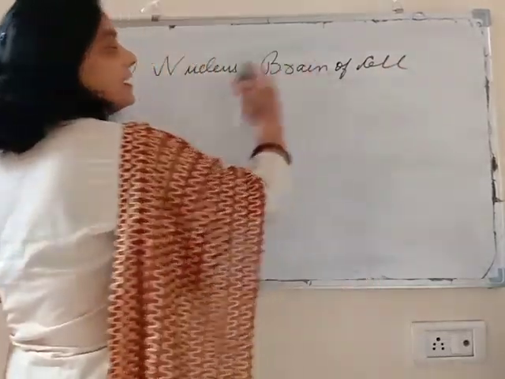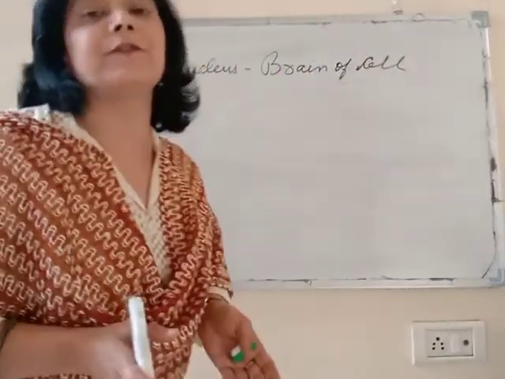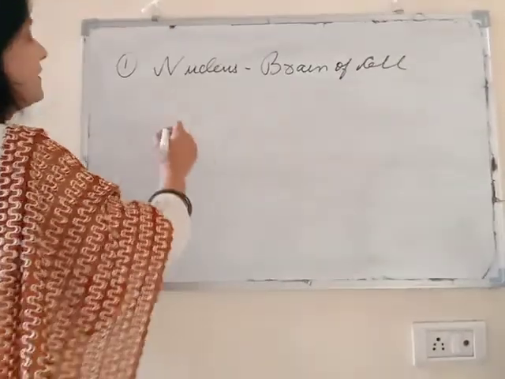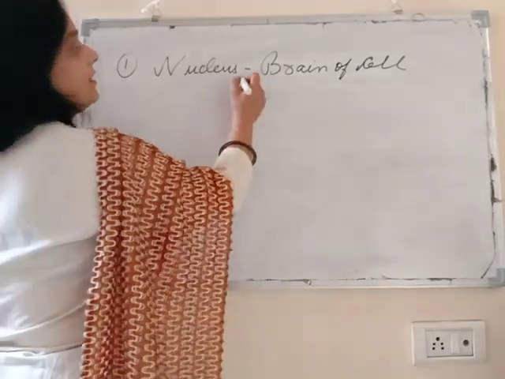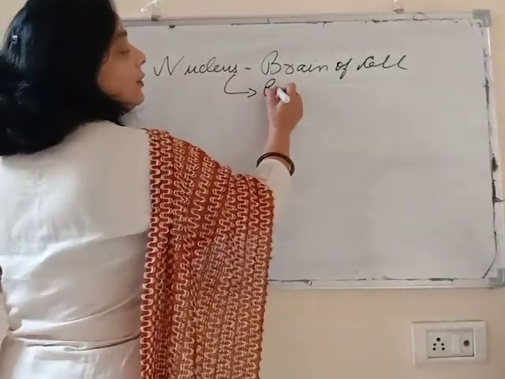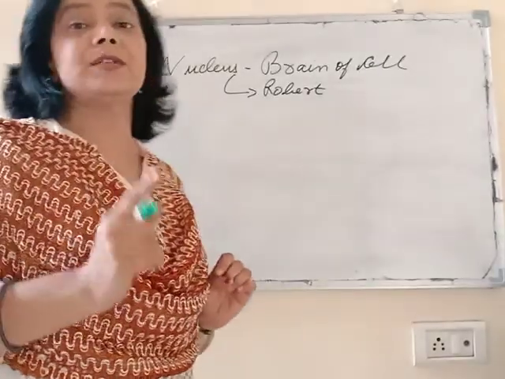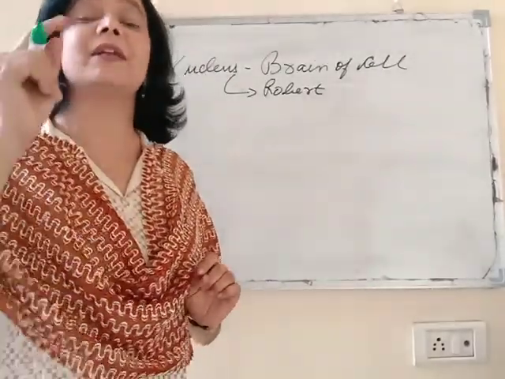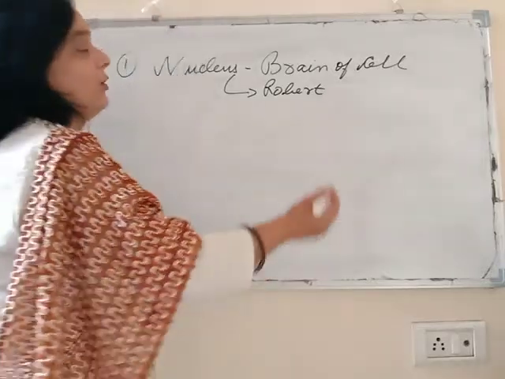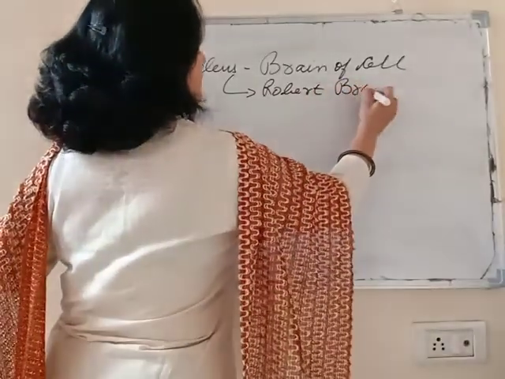It instructs the entire cell to carry on different activities. It was discovered by Robert Brown. Please remember it's not Robert who discovered dead cells, but Robert Brown who discovered the nucleus.